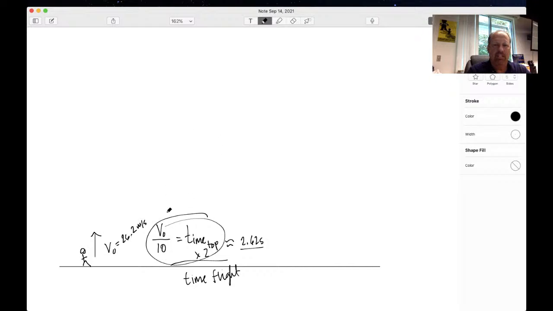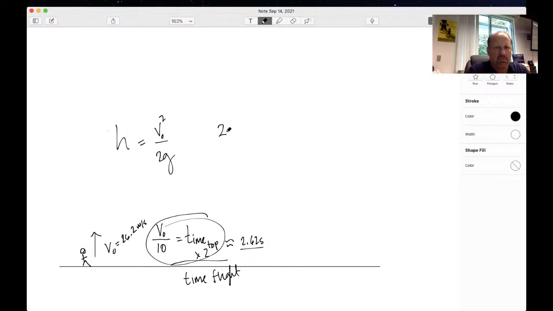So keeping that in mind, the maximum height is equal to V initial squared over 2g. Just plug in a number.